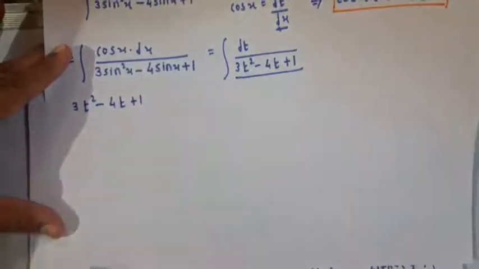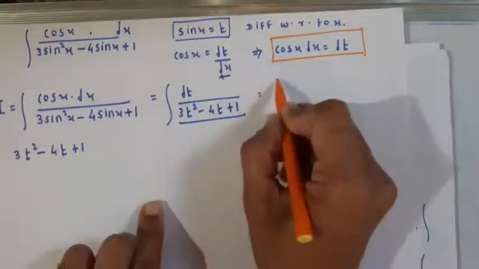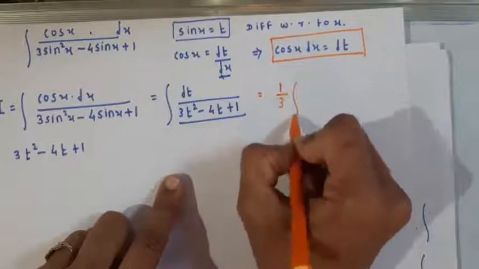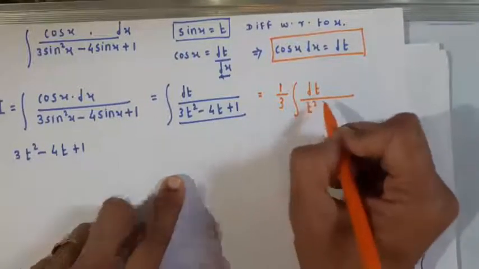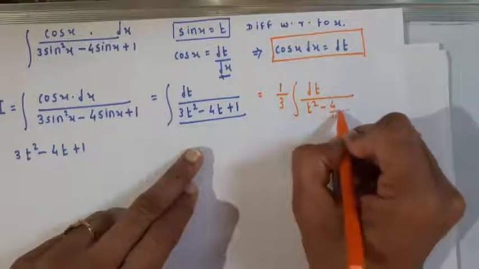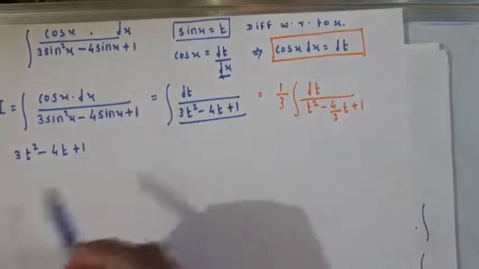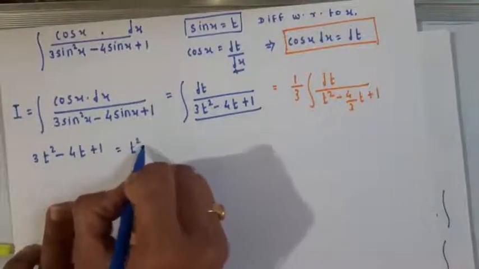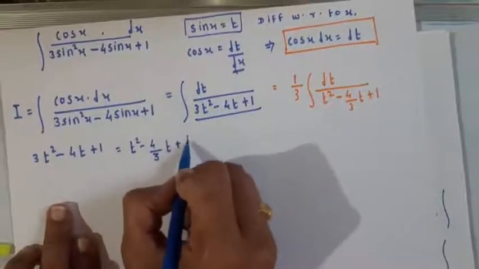So how to adjust? First take 1 by 3 as a common out, or divide by 3 at the denominator, so that the coefficient of t square will be 1: t square minus 4 by 3t plus 1 by 3.